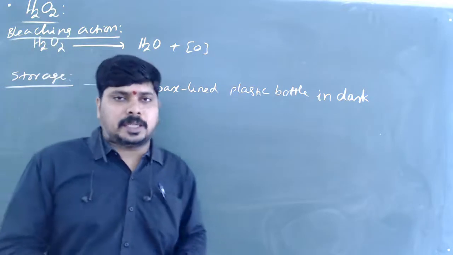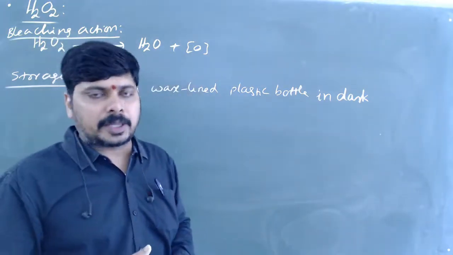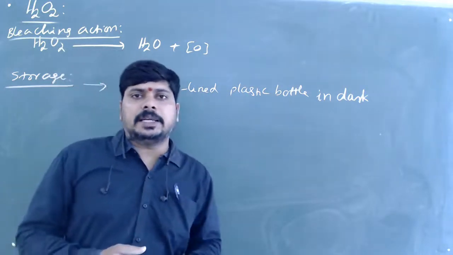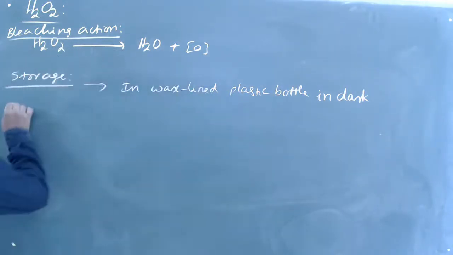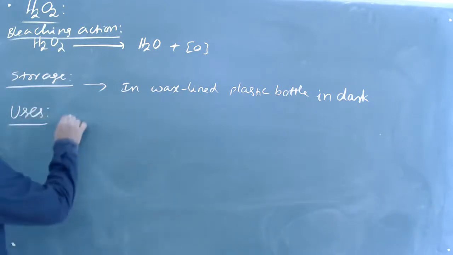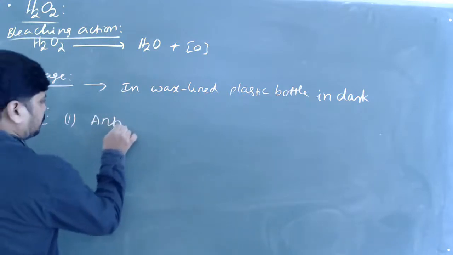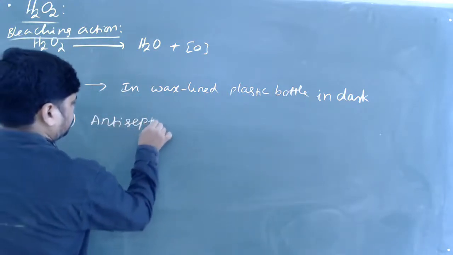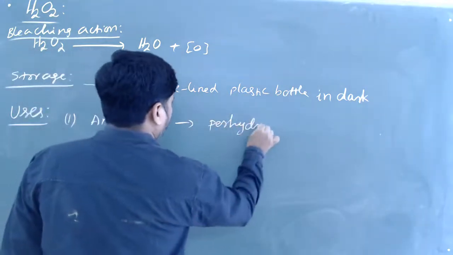Precautions should be taken. This is very commercially important, as I already said, hydrogen peroxide. So what are the commercially important uses of hydrogen peroxide? Uses: I already said it is used as an antiseptic under the name perhydrol.